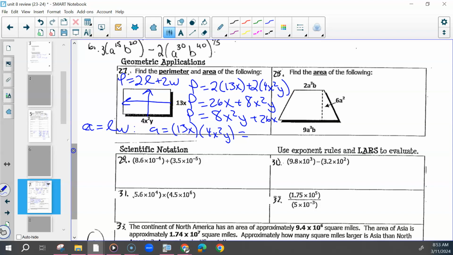Someone do that math or do it in your calculator. We're multiplying these, so the exponent for x is going to change to 3, and the y just stays the same. If you got something like 28, I would give you the area, if you wanted to practice this at a later time.